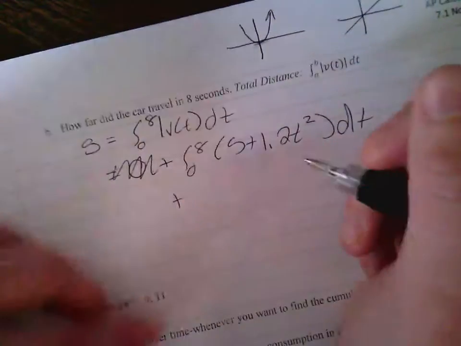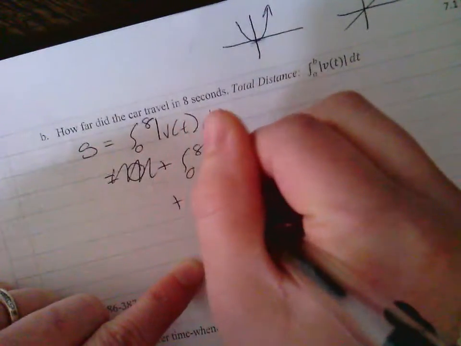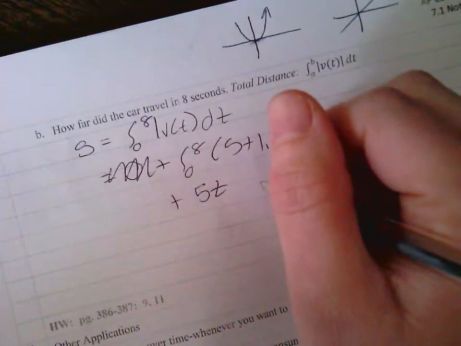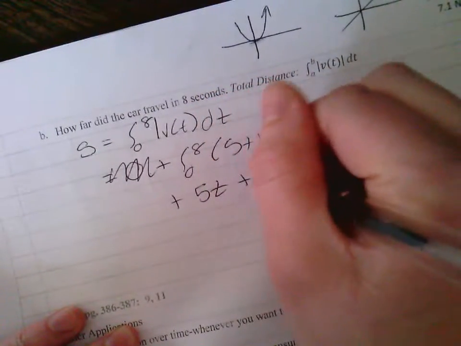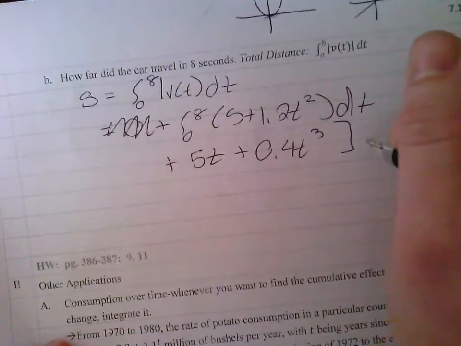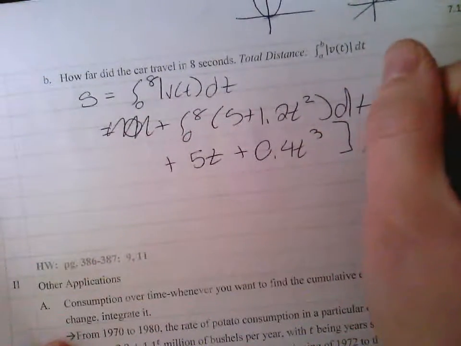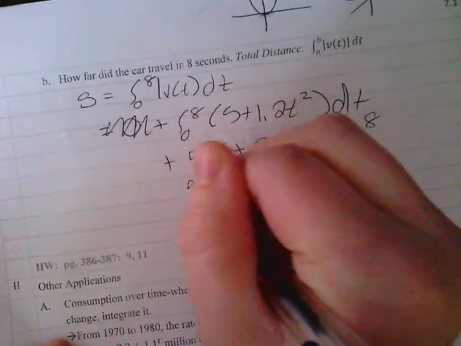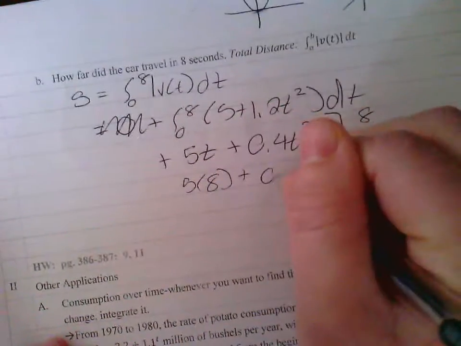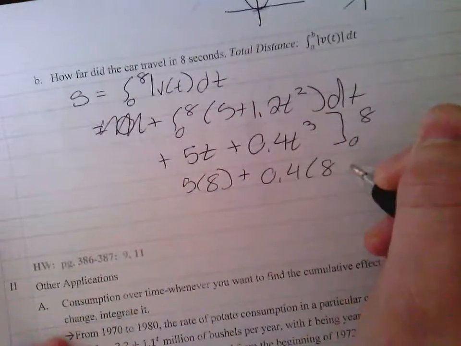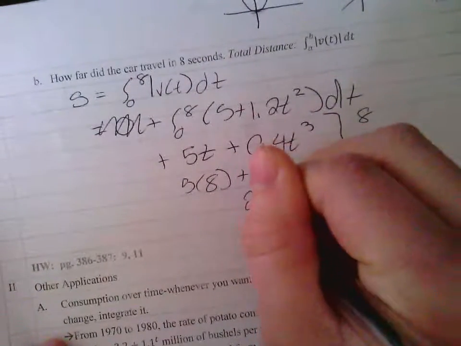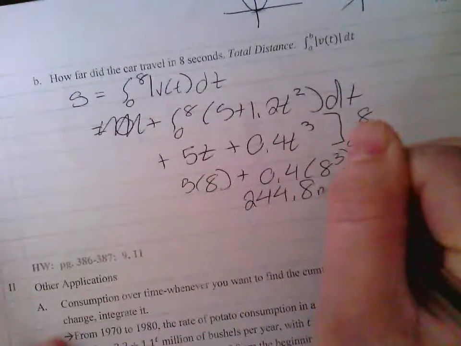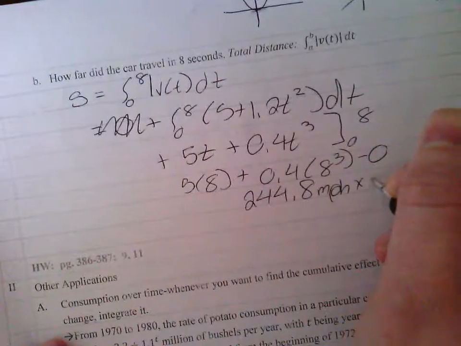So that's going to be 5t plus 0.4 t cubed from 0 to 8. So you get 5 times 8 plus 0.4 times 8 cubed minus 0. And you're going to get 244.8 miles per hour times seconds.